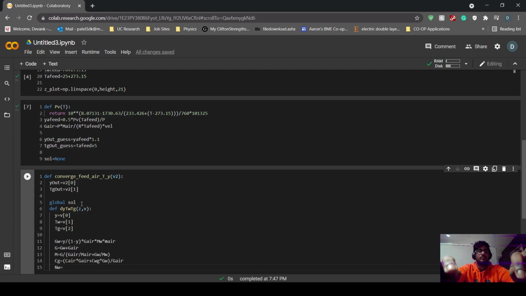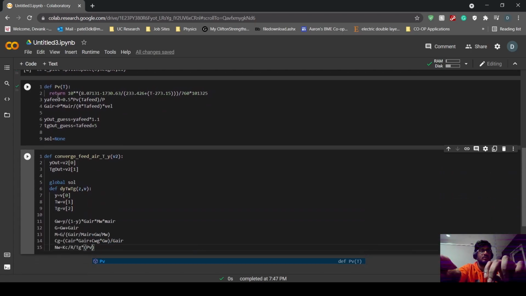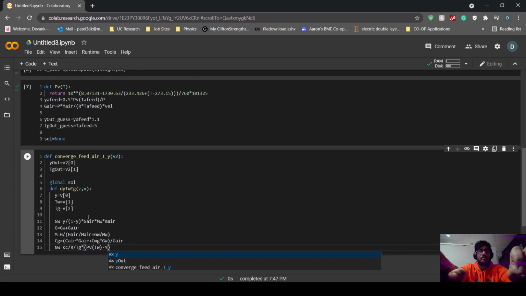So we're going to say the mass transfer coefficient divided by R divided by Tg, R being the ideal gas constant, Tg the temperature of the gas, times PV, and that's going to be calling our function here. So we're going to be using the temperature of the water minus the mole fraction of the water times P, the total pressure.